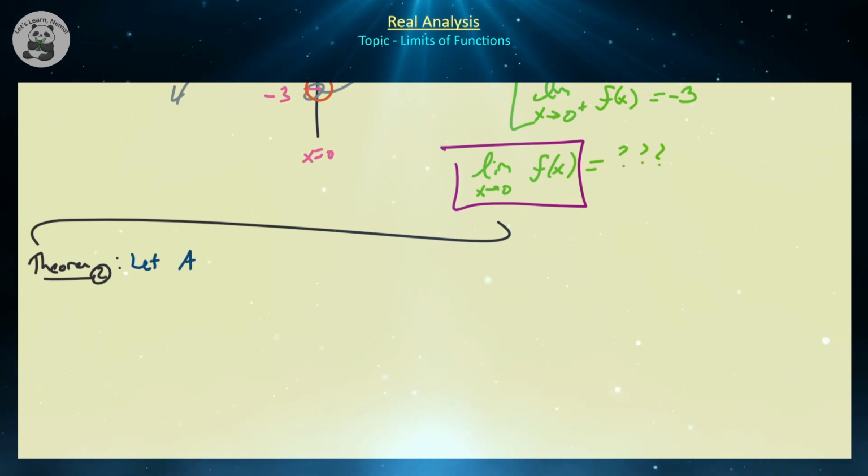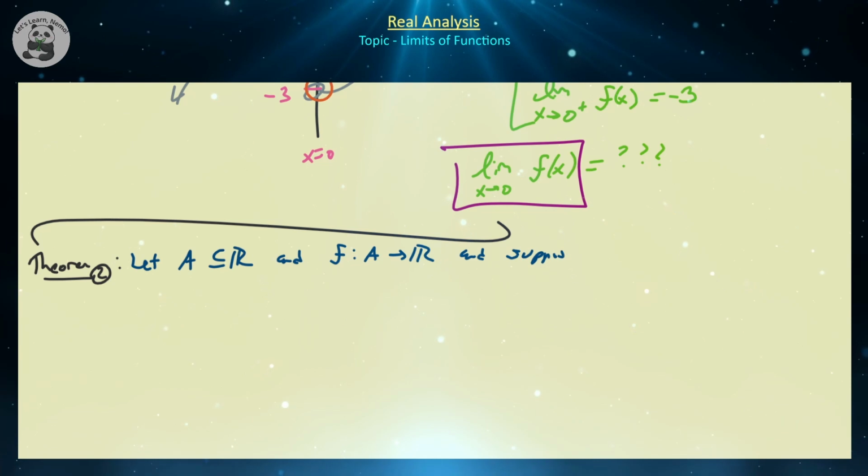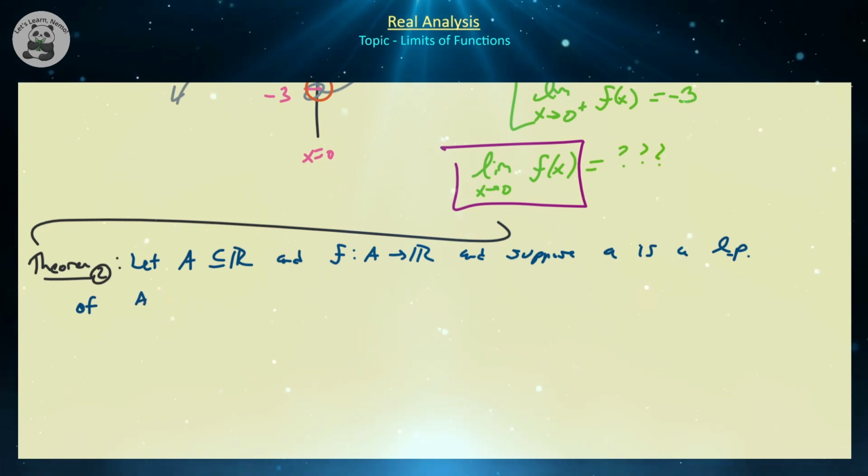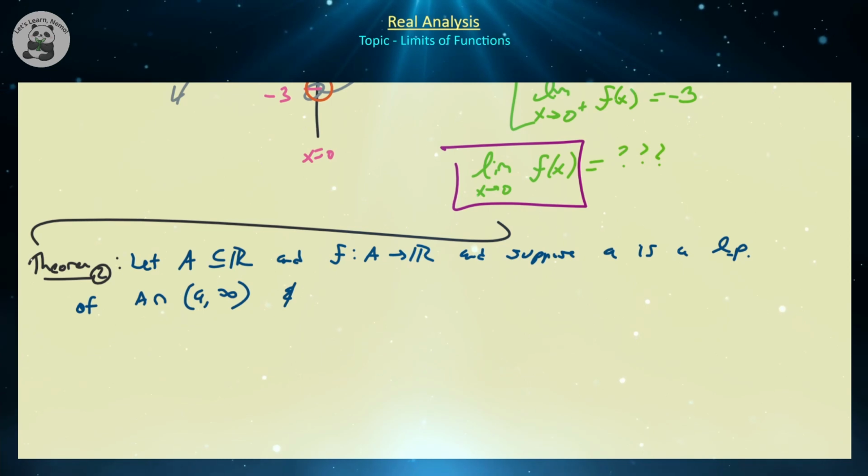Let's assume that A is a subset of the real numbers, and as usual, take f mapping from A to R. Let's suppose that a is a limit point of A intersected with (a, infinity), and also that it's a limit point for the set A intersected with (-infinity, a).